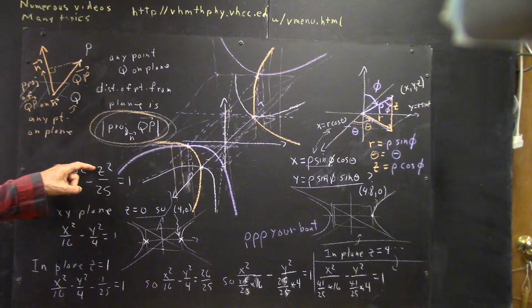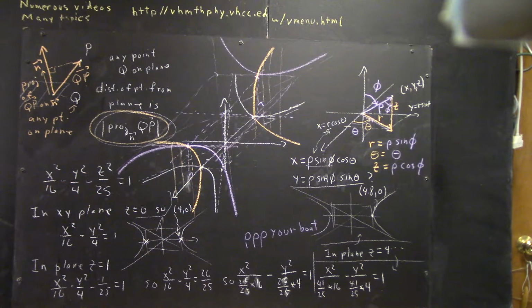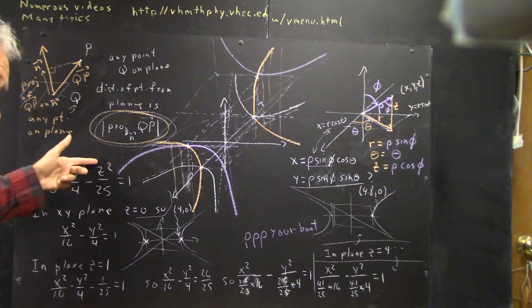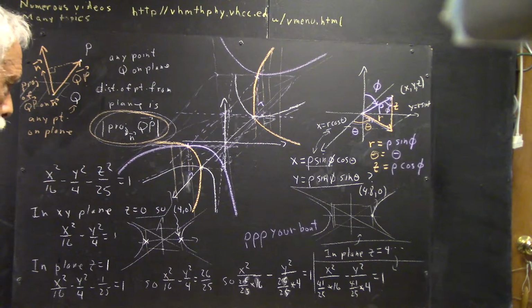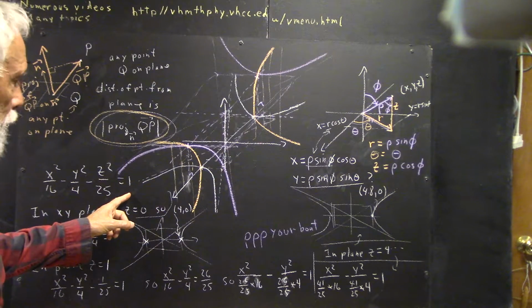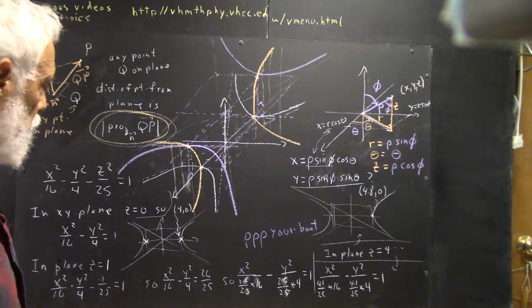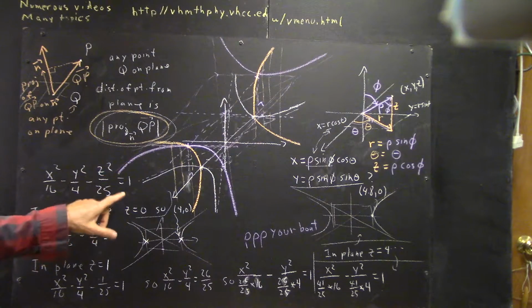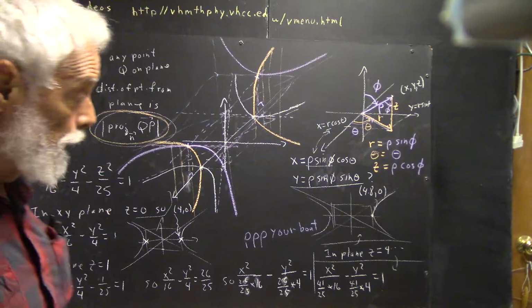But if z is 4, we're going to get 4 squared over 25, which is 16 over 25. And we're going to then add that 16 over 25 to the 1. That's going to give us, if I did my arithmetic right, 41 over 25. Then we're going to have to divide both sides by 41 over 25 to get this number back to 1, to put the thing in standard form.